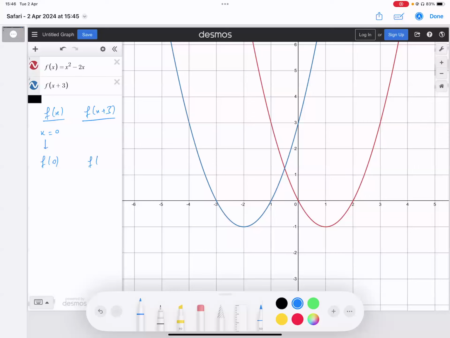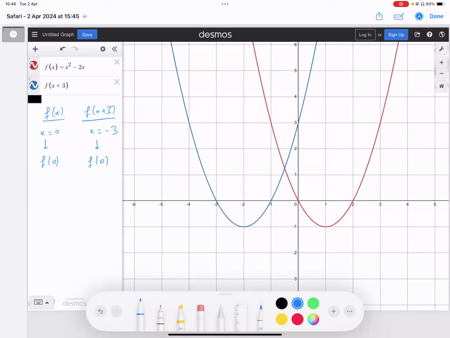How could you get that same value, f of 0, from f of x plus 3? What value of x would you need to input in f of x plus 3 to get f of 0? You would want x plus 3 to be equal to 0. For that to be 0, the value of x that we would have to input here is going to be -3.